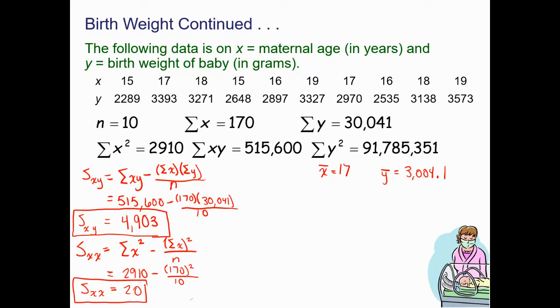Okay, and then next they ask us to calculate B. So that's our slope. You do S of xy divided by S of xx, which means we have to do 4,903 divided by 20.